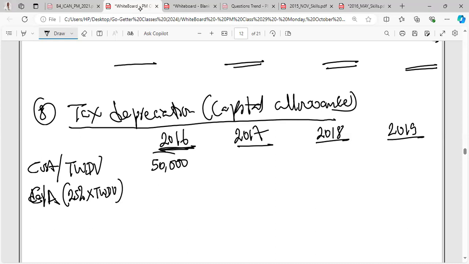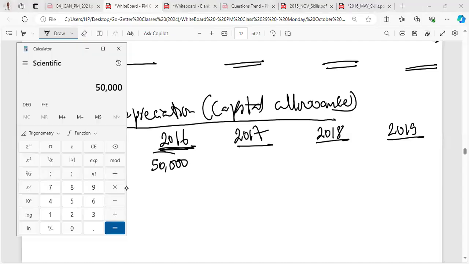So what it means now is we will say this is 50,000 multiplied by 0.25, which is 25%. That means 12,500 is going.